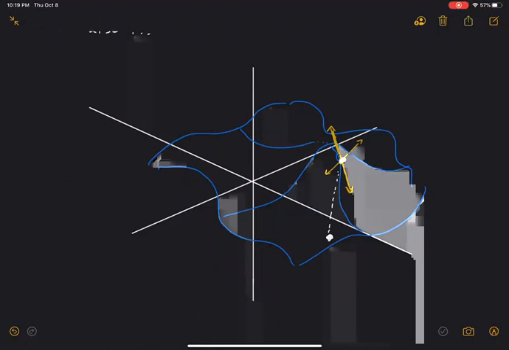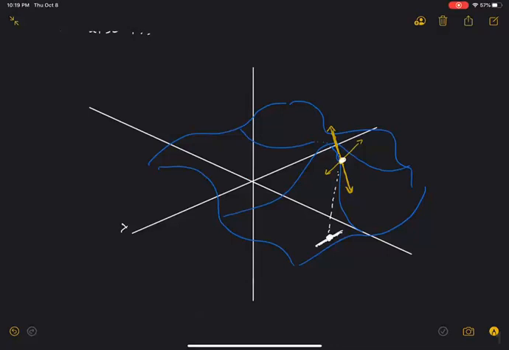So maybe the derivative, if I move in the x direction, right? So this is the x-axis. So maybe if I'm looking along this line parallel to the x-axis, I take the limit, I get my derivative, which gives me the slope of this tangent line, right?